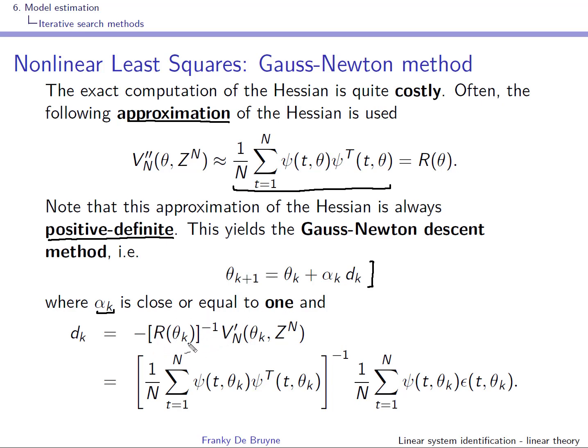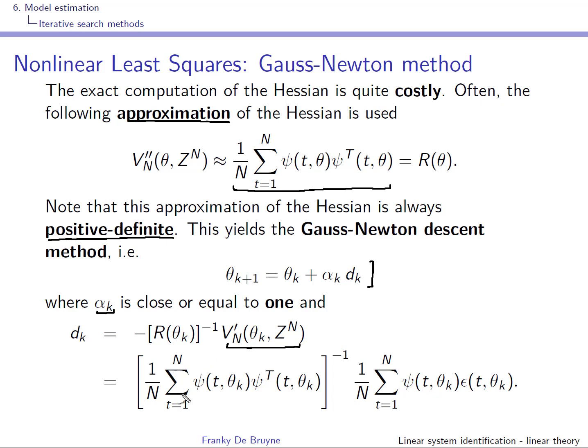If you plug this in, and also take the expression of the gradient of the cost, which is this expression here, you obtain an expression of the Gauss-Newton descent direction. This looks a lot like a formula that we saw when computing the least squares estimate in the case of an ARX system.